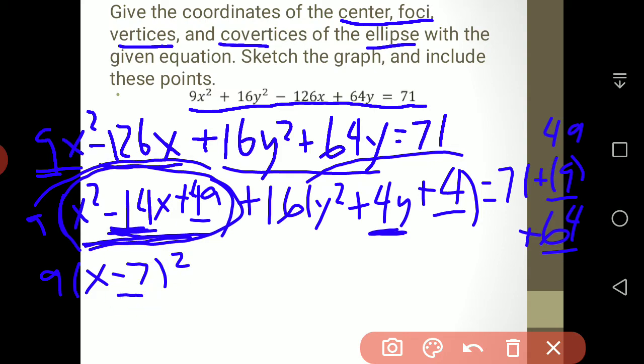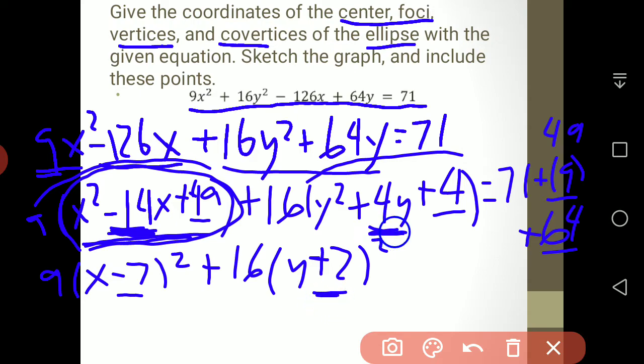Negative 7 is from the half of our middle term, plus 16 times y plus 2 squared. Now 2 is the half of our middle term.